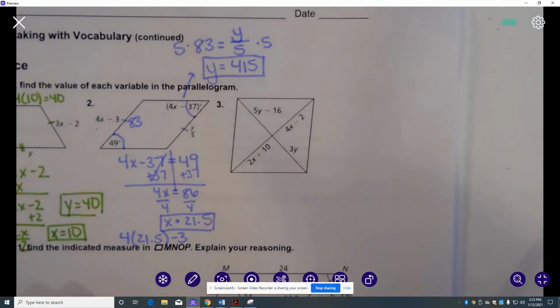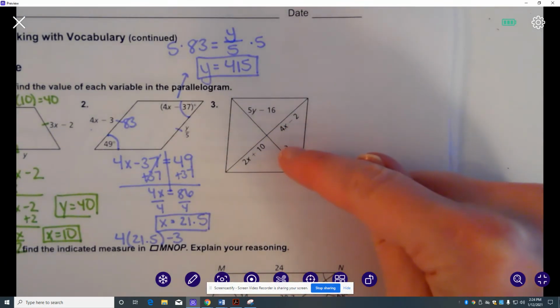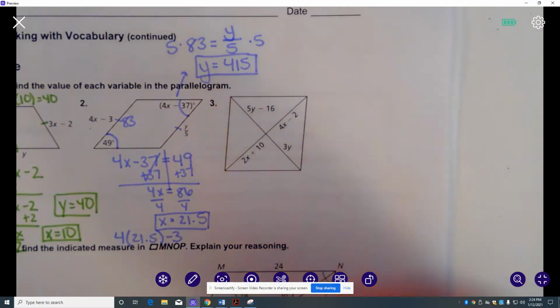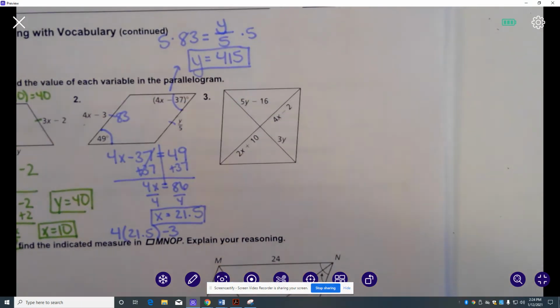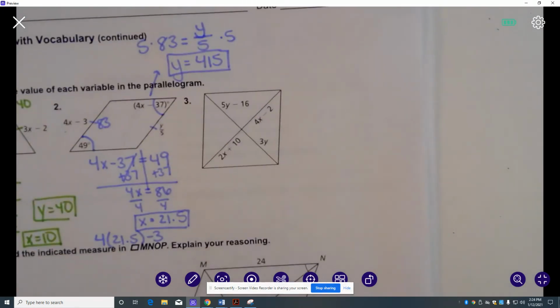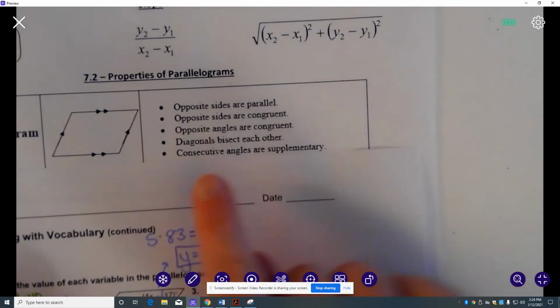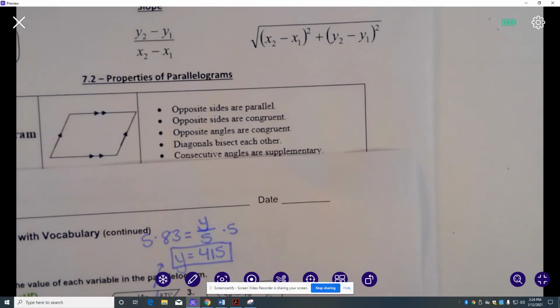Number 3. This time, x and y are located on the lengths of the diagonals in my parallelogram. So I want to ask myself, what do I know to be true about the diagonals in my parallelogram? We said that in a parallelogram, the diagonals bisect each other.